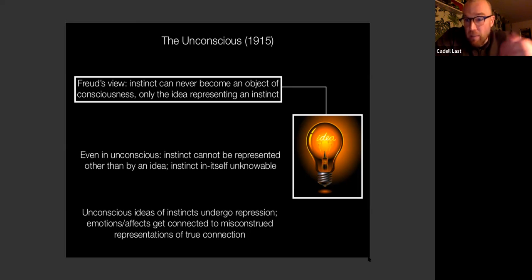I think this happens a lot in politics, where people get caught up in big political movements, or in big social games, because of a misconstrued connection as it relates to their emotions, their affects, and their unconscious ideas and instincts. The degree to which this dynamic shapes contemporary political conflicts as it relates to identity, gender, and many other dimensions is, I think, understated.